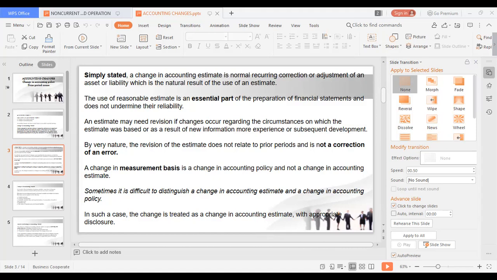So 2 million divided by the estimated life of 10 years is 200,000 a year, times 3 years for 600,000. The net overstatement of expense is 1.5 million.